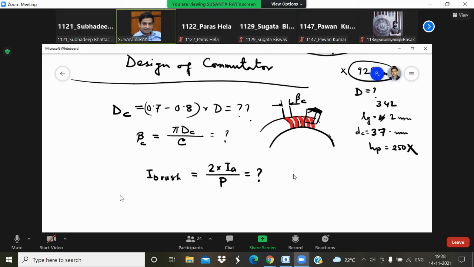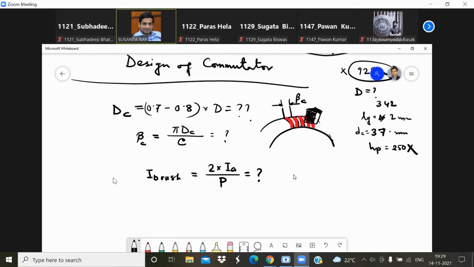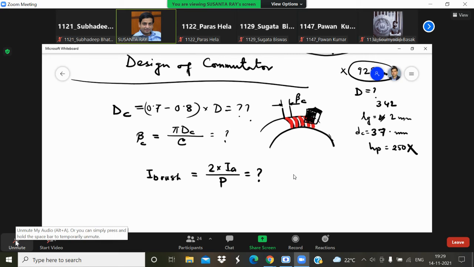So armature current, total armature current, and you have to subtract the field current from it. If you have a shunt or separately excited machine, you have to subtract the field current.